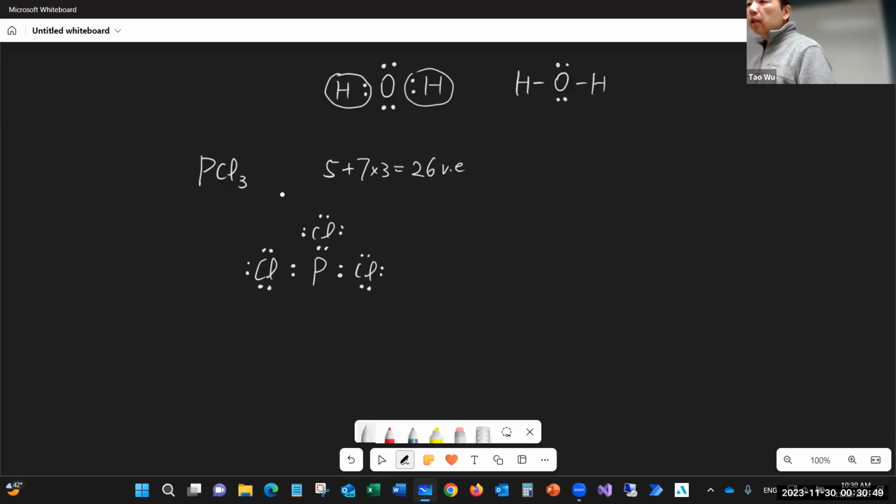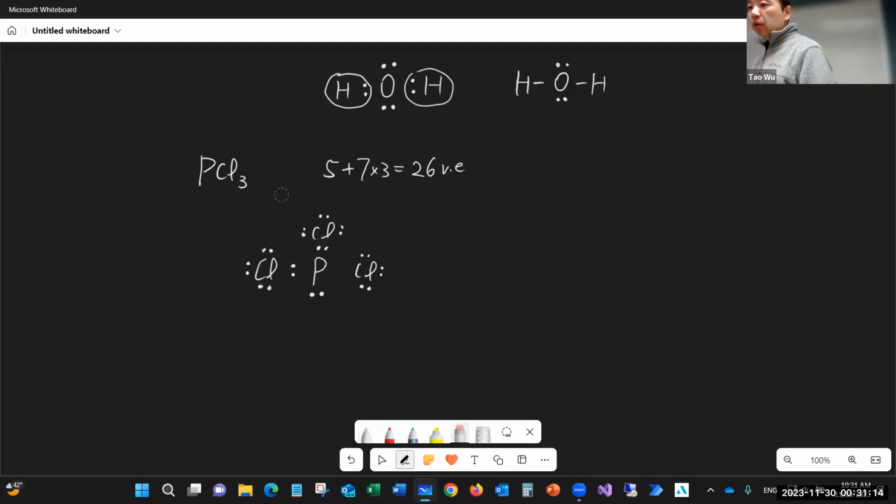So now, you see, I put the 24. Once we put the 24, the side atoms are done. Then we have 2 more to go, and the 2 more have to belong to the central atom. So now if you double check, chlorine has 8, 8, 8, and phosphorus has 8. So everything has 8 now, which is good.